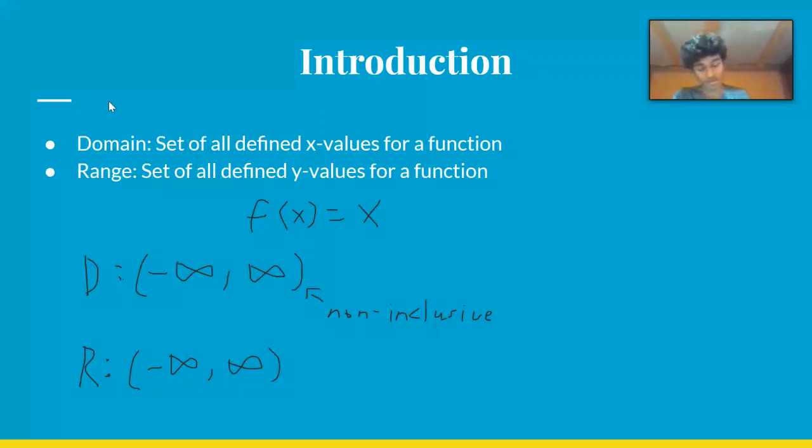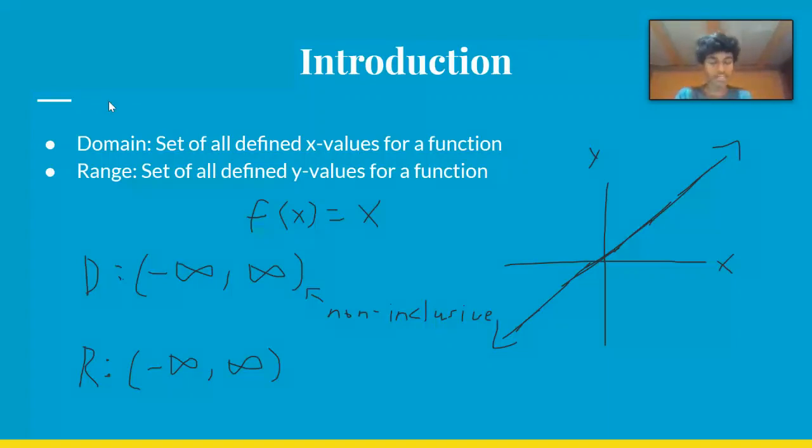And if we graph this function real quick, we just sketch a quick graph, f of x equal to x, it's going to look something like this. This line will go on forever and ever, which illustrates that we can have any x value on the x-axis and any y value on the y-axis, that we will have some point on this graph defined there.